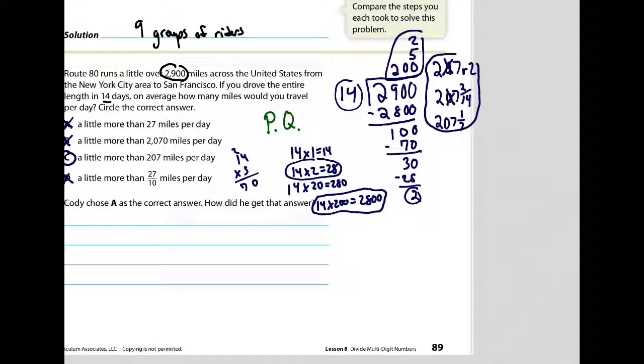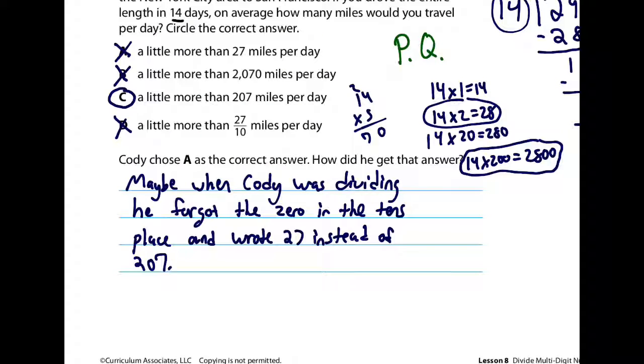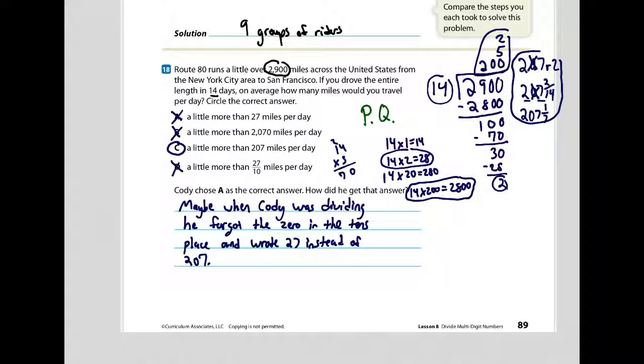He probably just wrote the 2 and the 7. So that's my guess, but I don't know. Whatever you have here, your guess is going to be fine. I'll write down mine. Okay, so what I wrote is, I said maybe when Cody was dividing, he forgot the 0 in the tens place and wrote 27 instead of 207. Not sure what Cody was thinking, but that's one possibility.